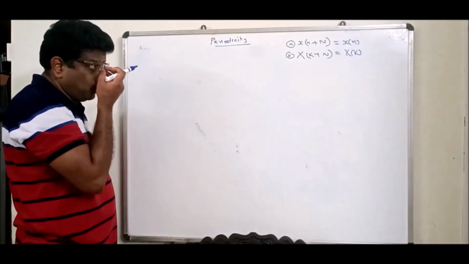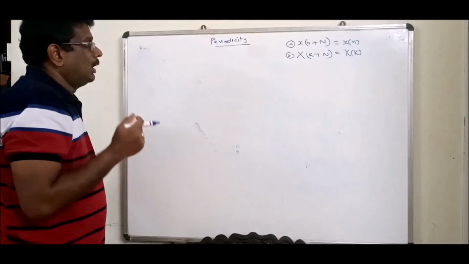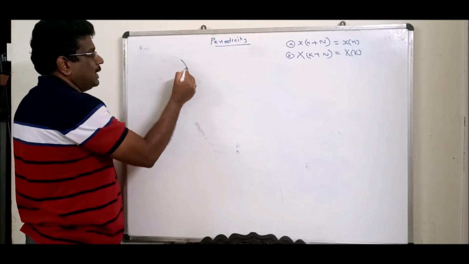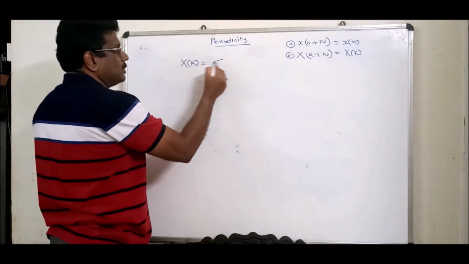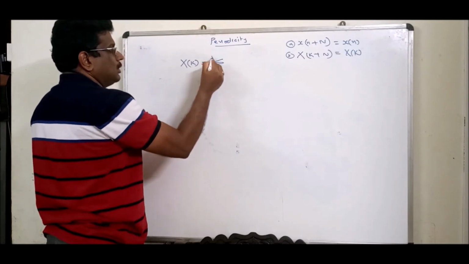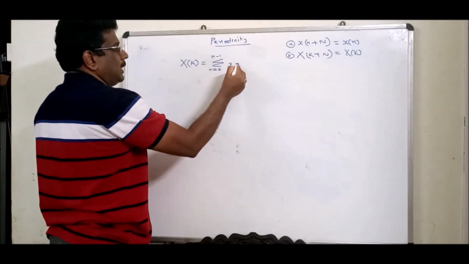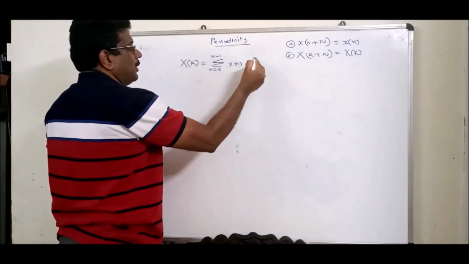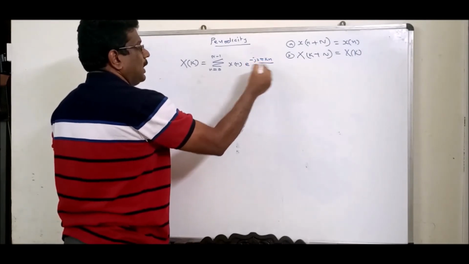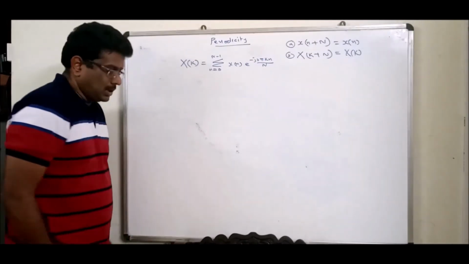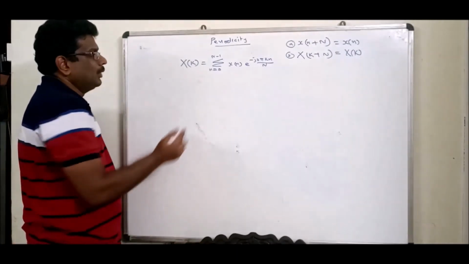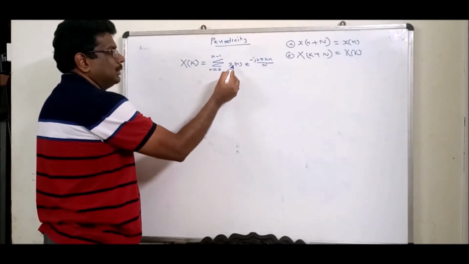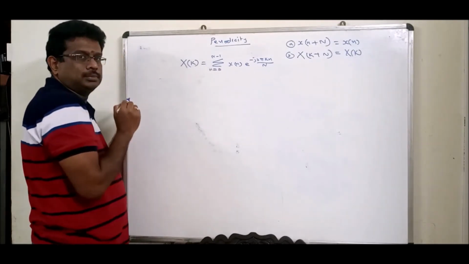Now I would like to just prove this. Can you say what is your DFT formula? X of k equal to summation n is equal to 0 to N minus 1 x of n e power minus j 2 pi kn by N. What is this formula? DFT. Time domain, frequency domain.